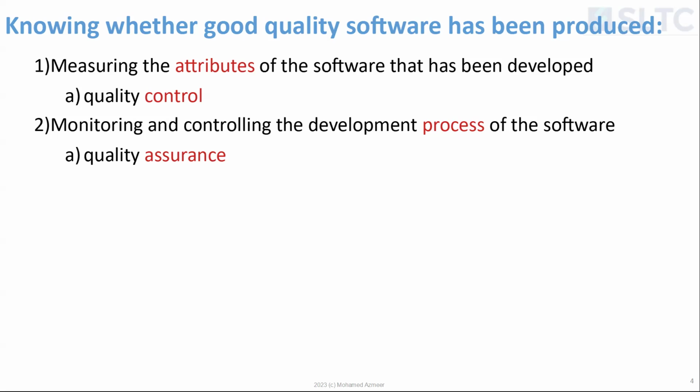Now, how do you say that the process is good or bad, right? So that is where you have to compare good processes versus bad processes. Okay. Now, this is called quality assurance. You see, there are two things. Quality control is looking at the attribute of the software. Quality assurance is looking at whether the software is developed properly.